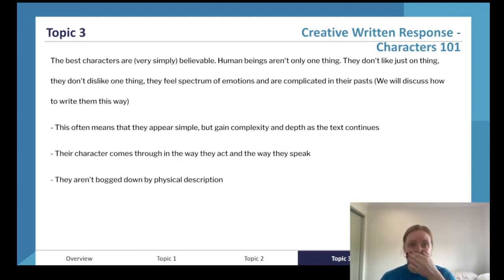The way that a character is, their personality, comes through not only in the way that they act, but also in the way that they speak, the way that they address certain people, the words that they choose to say, the structure of their sentences. All of these things can tell you about a character. And most importantly, characters aren't bogged down by physical description. Because you're writing what is essentially a short story, you don't have the luxury of spending paragraphs upon paragraphs talking about the exact hue of a character's eyes, or the tone of their skin, or the way that their hair falls.